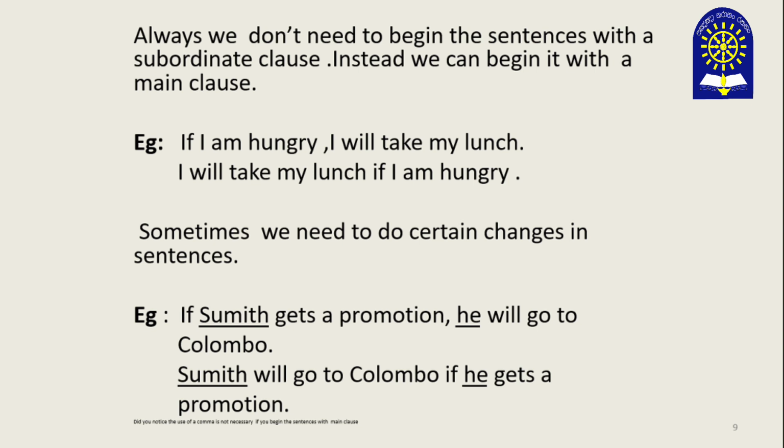Sumit in the subordinate clause of the first sentence, I have changed as he. Instead of Sumit, I have used the pronoun. And he will go to Colombo is the main clause of the first sentence. And he, I have changed as Sumit in the second sentence. That's the beginning of the sentence.